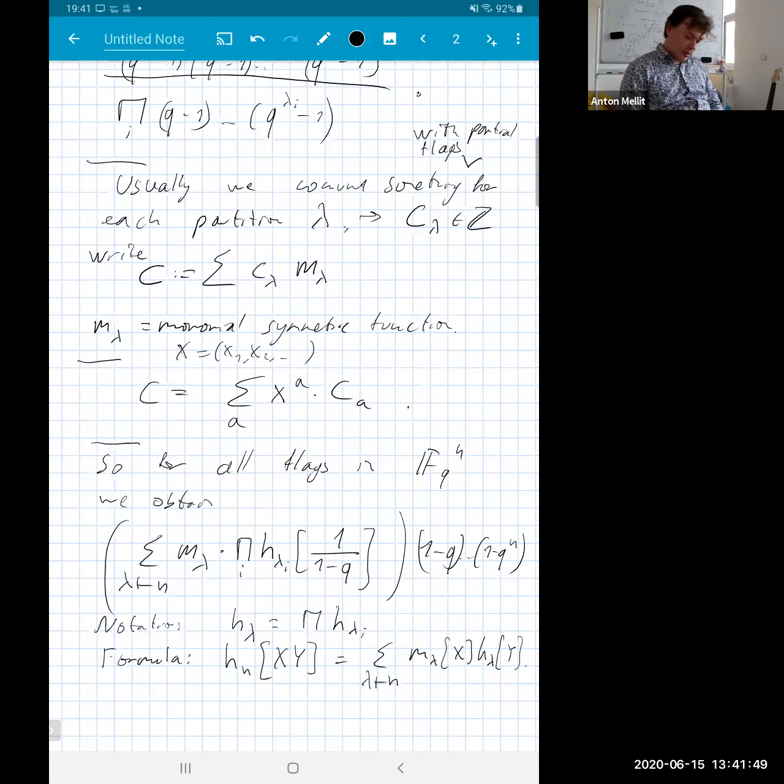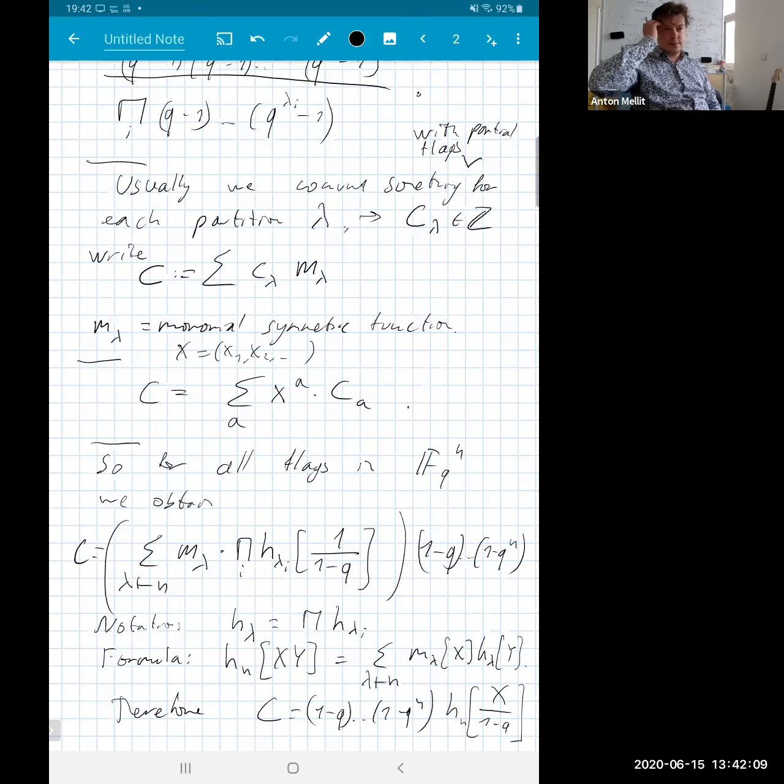And so therefore this C equals (1 minus q) to (1 minus q to the n) times h_n of x over 1 minus q.